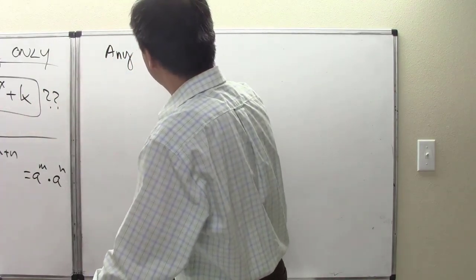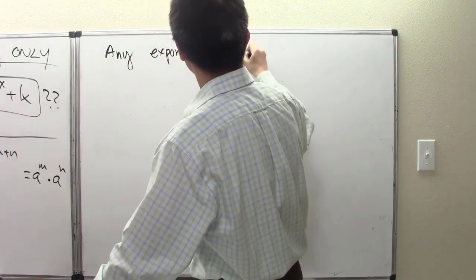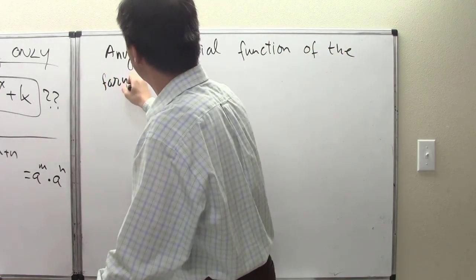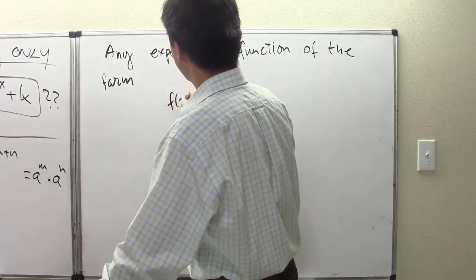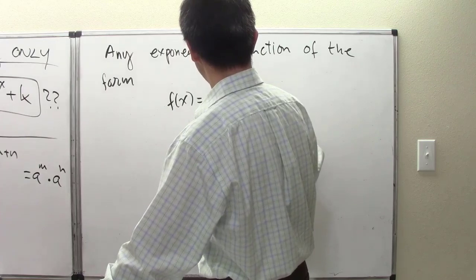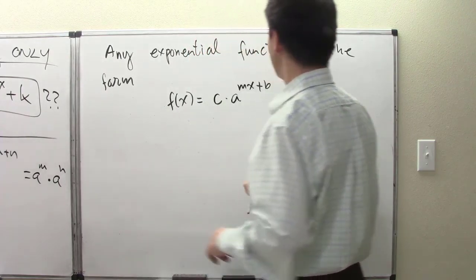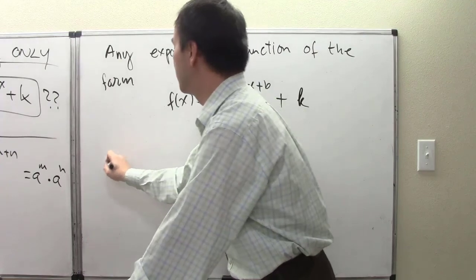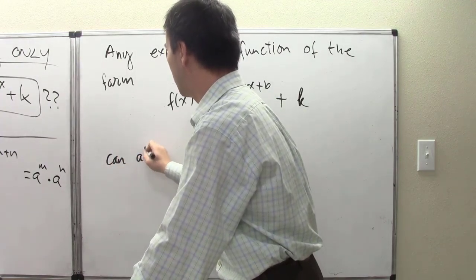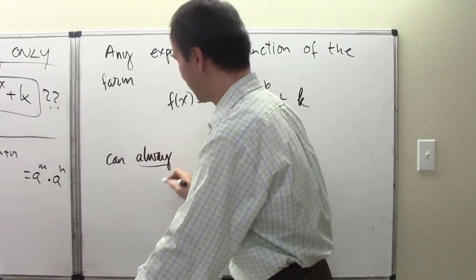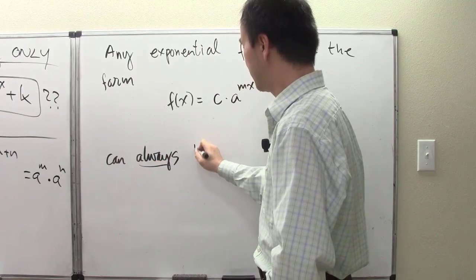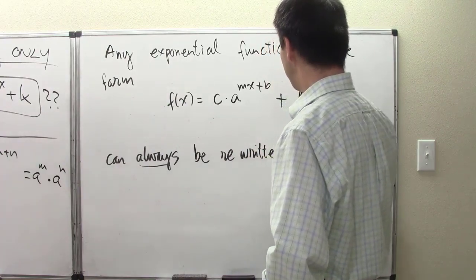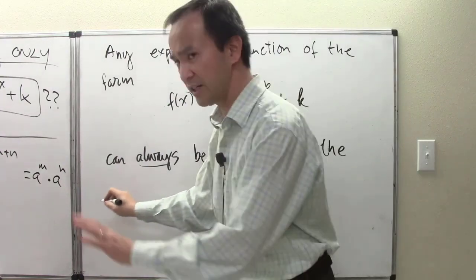Any exponential function of the form f of x equals c times a to the mx plus b plus k, okay, any function like that can be, to really emphasize, textbooks usually don't come with this term here, but I can say that, can always be rewritten in the form. So it's the same function, it's just a different form.